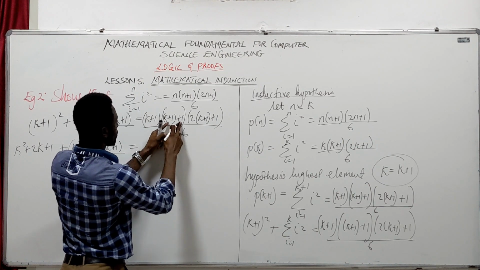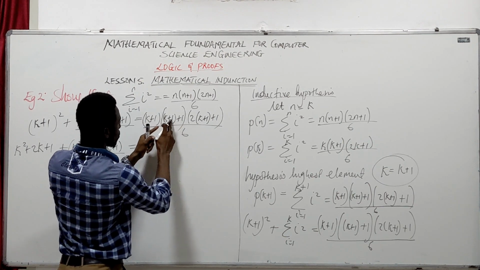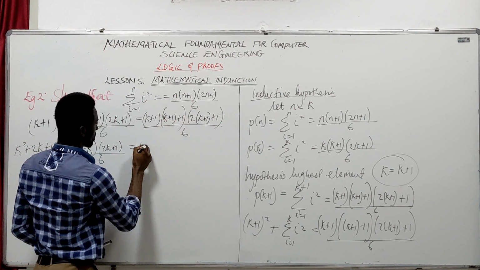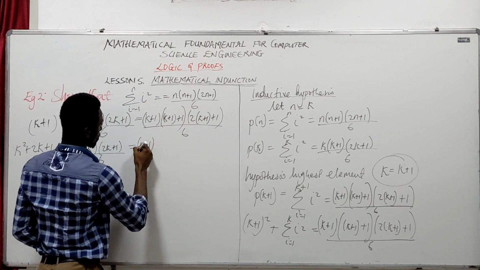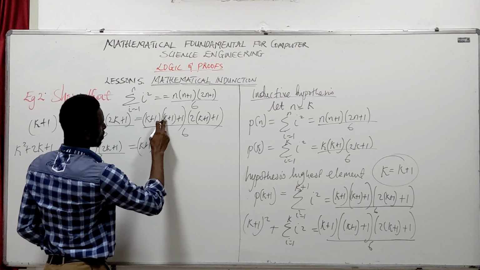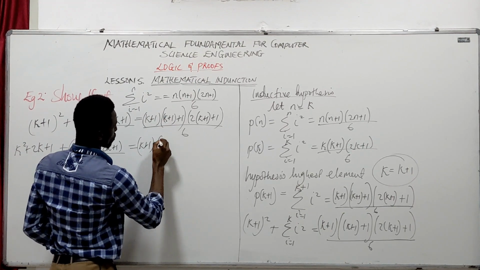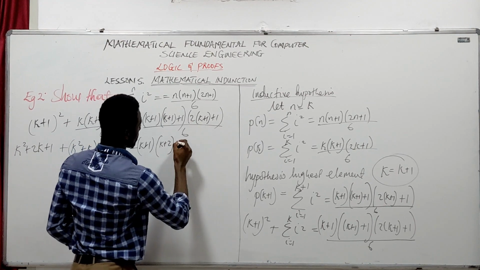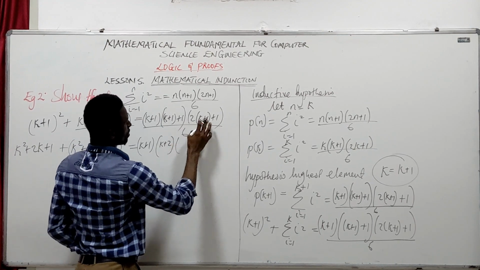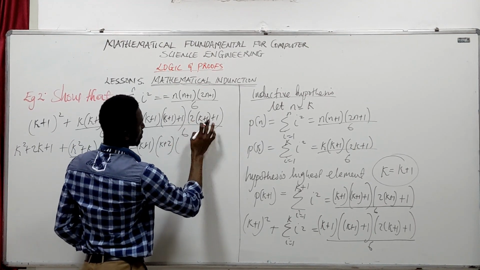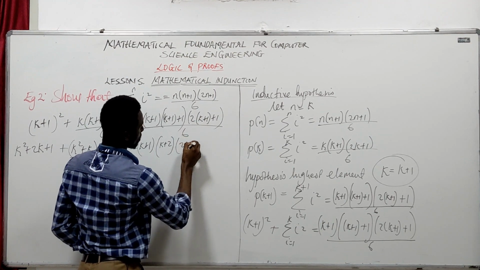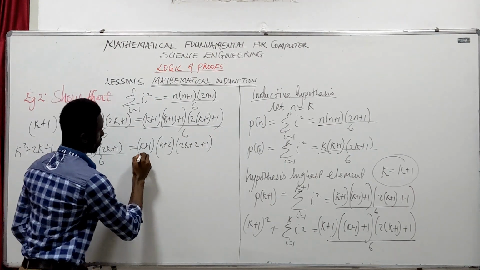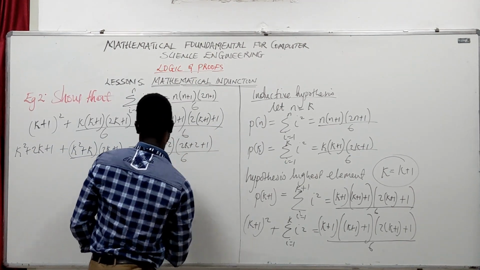We can expand the right side first, because we have k plus 1 into k plus 2, and then 2k plus 2 plus 1, over 6.